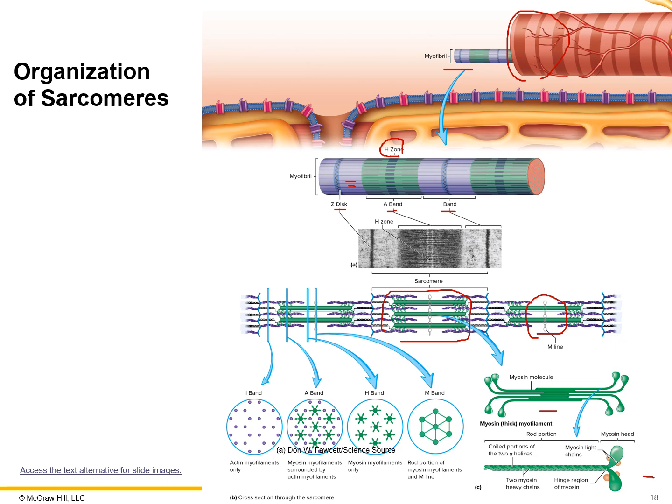And that H zone has the M line, which is just attached to the myosin. So again, our Z disc is attached to the individual actin filaments, and the M line just has the myosin. And that M line is part of the A band where we get the overlapping actin and myosin. But there's a little region in the middle where there's no overlapping, and that's called the H zone.